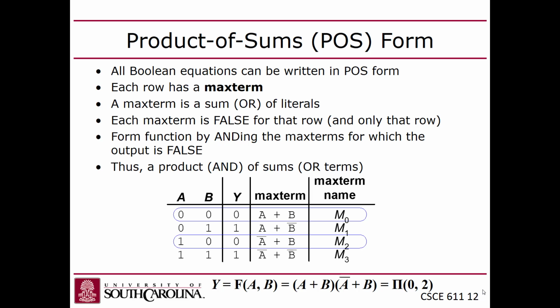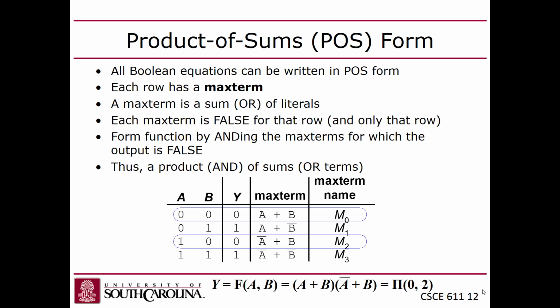It wouldn't be not A, scratch that. It would be A because A is 0 here, but we would negate it when we create the max term version of it. You guys with me? I confuse everyone there. So this would be A or B, and the next max term would be for the next 0, and so this would be not A or B, right? Everyone with me?